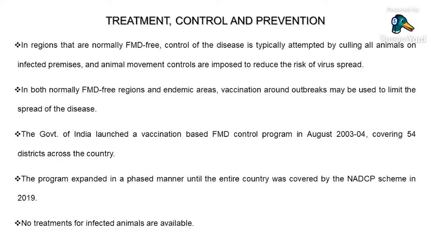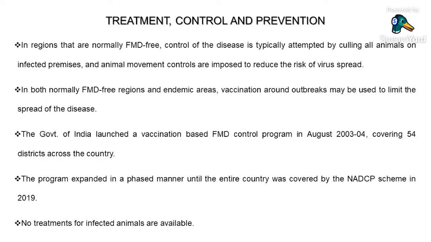The government of India launched an FMD control program in 2003-4, which covered 54 districts, and under the scheme NADCP, the National Animal Disease Control Program, in 2019 they covered the whole country. It aims to control FMD by 2025 by vaccination, and the aim is also to eradicate the disease by 2030.